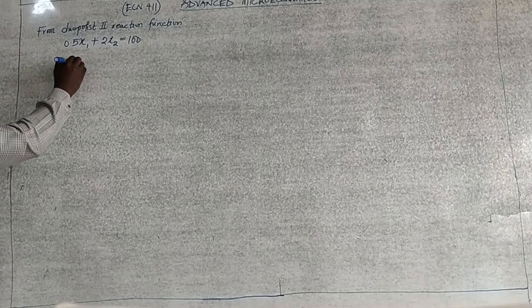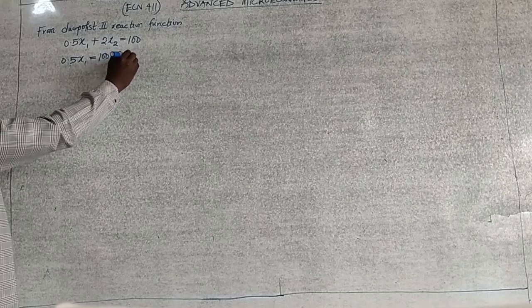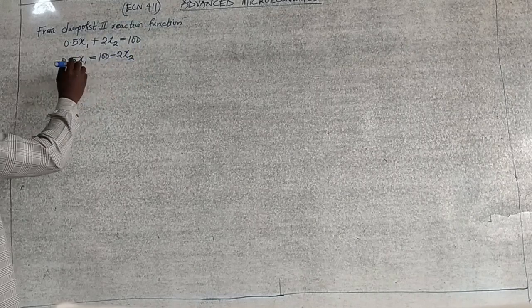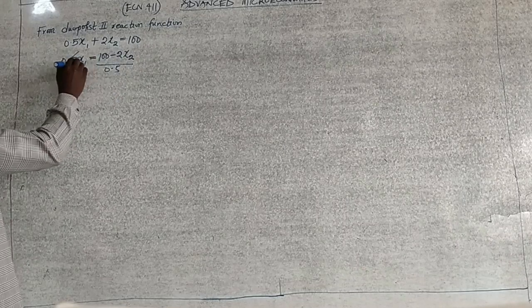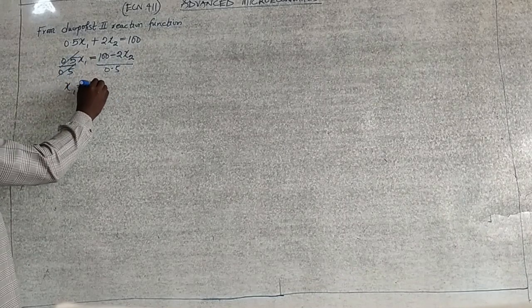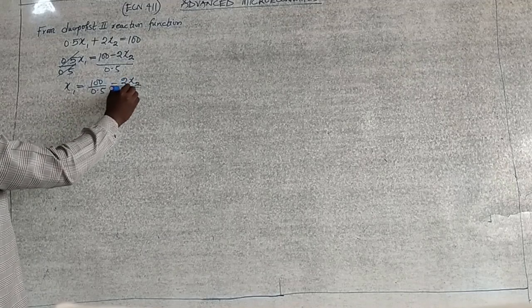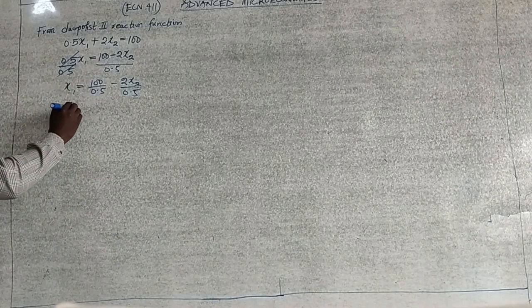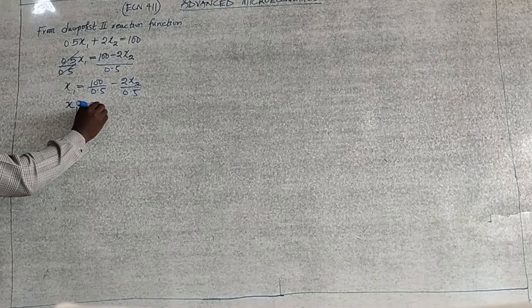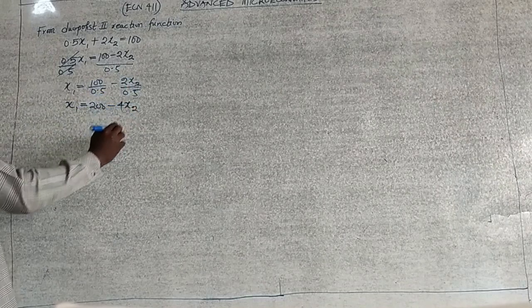So this will now be 0.5x1 equals 100 minus 2x2. This plus 2x2 will come here and change to minus. Divide both sides by 0.5. This will cancel this. x1 will be equal to 100 divided by 0.5 minus 2x2 divided by 0.5. That's shared division. So 100 divided by 0.5, what is that? 200. Minus 2 divided by 0.5, what is that? 4x2.